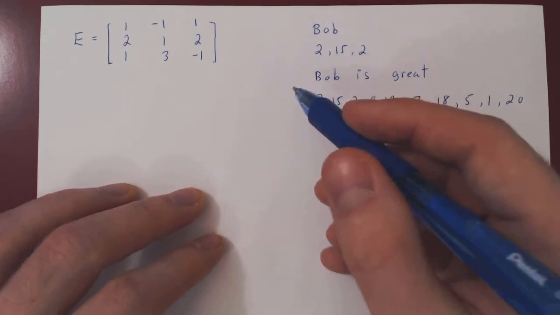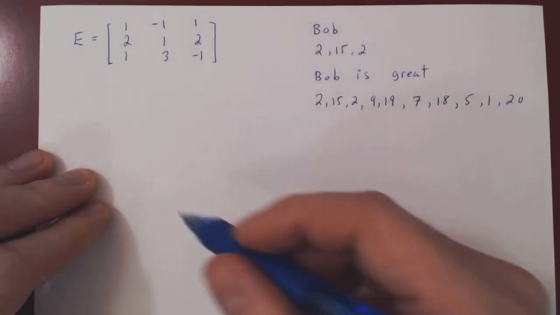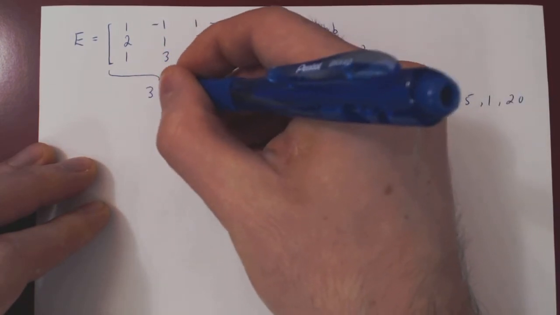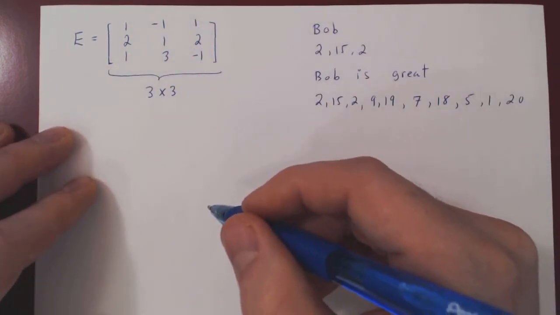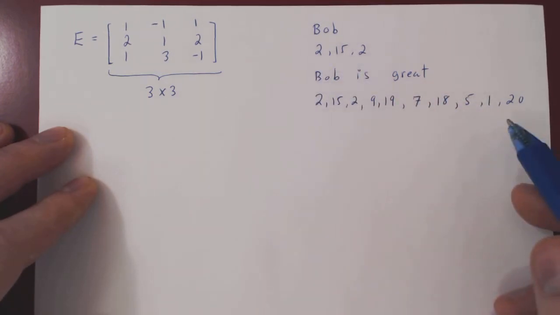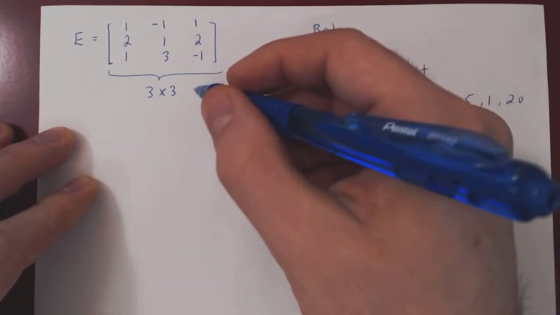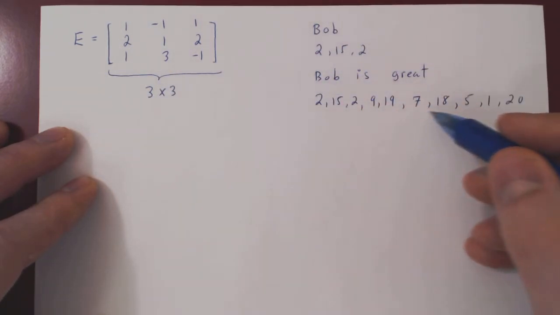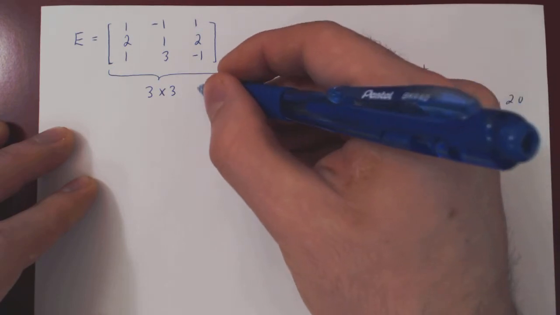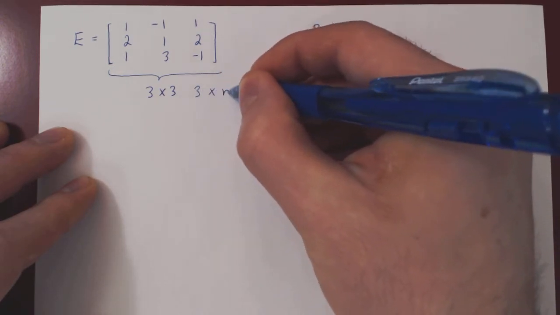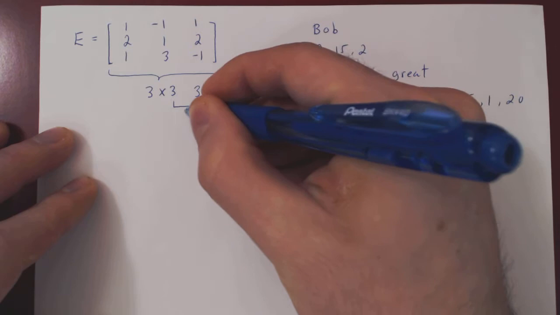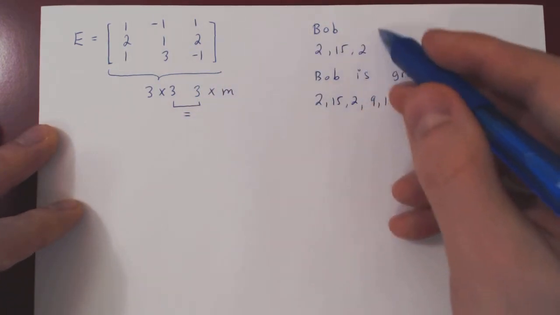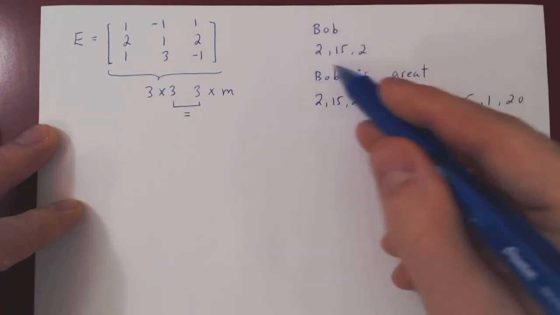Okay. So since now E is a 3 by 3 matrix, and we want to use E to transform our numerical messages so as to encode them, the multiplication must be defined. So we have to put these numbers in a matrix that will be a 3 by something matrix. So let's see what happens with the first message.